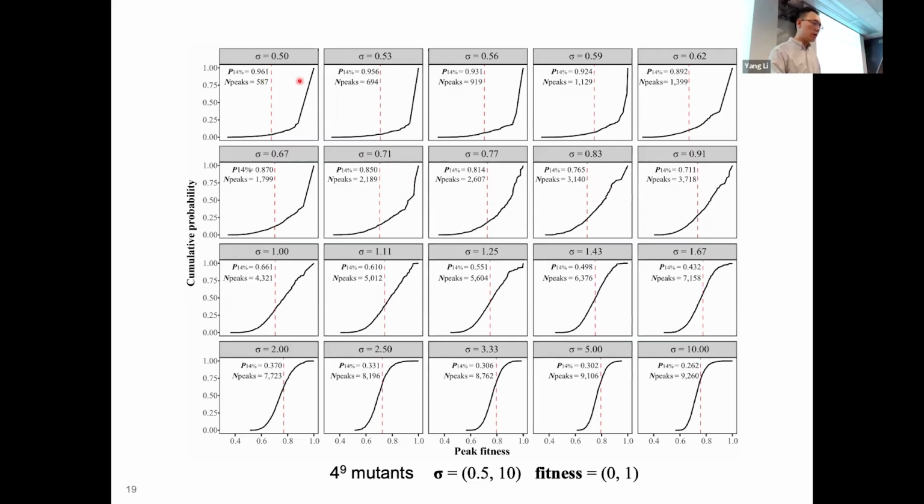So delta matters because delta can create a large number of local peaks, and the shape of the adaptive walks changes. When delta is low, there are a lot of small peaks, so there is attraction to a small peak, but the frequency is not so high.